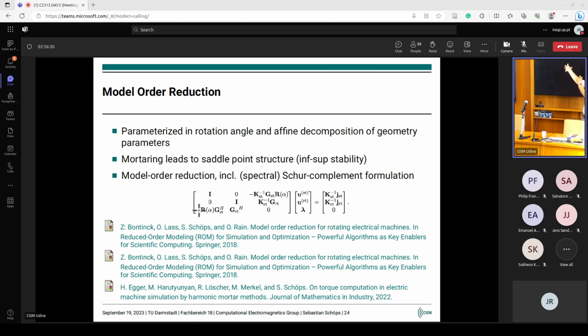And that virtually makes the rotor turn. And this is why we do not have parameter dependence in there. The only parameter dependence we would have in the classical finite element matrices would be the shape parameters. But there we also did an affine decomposition as proposed this morning.